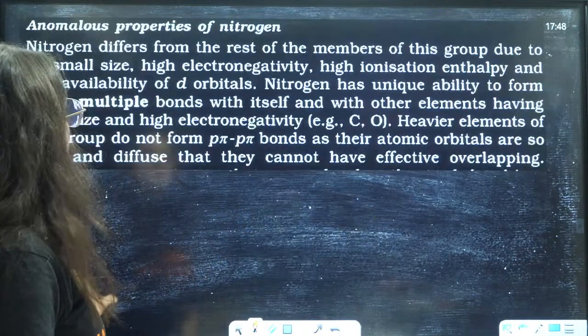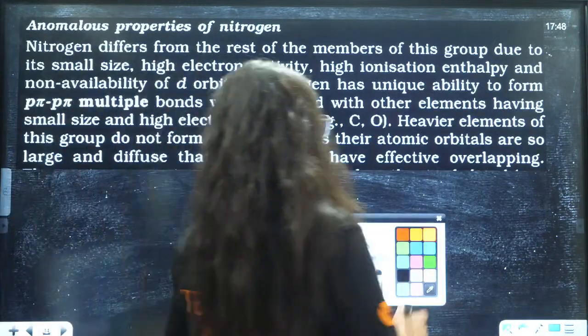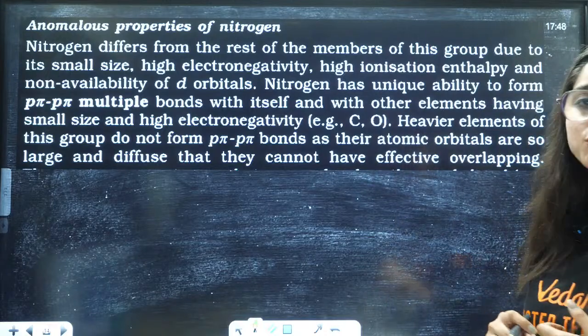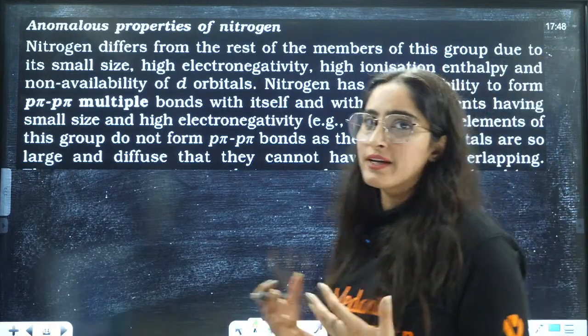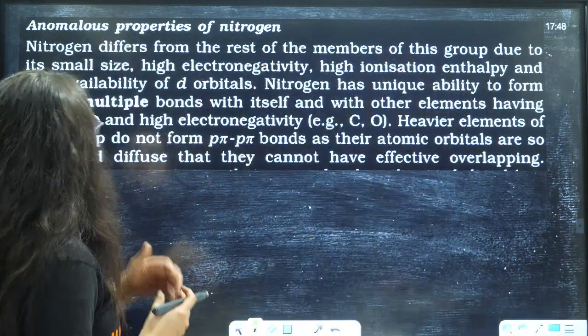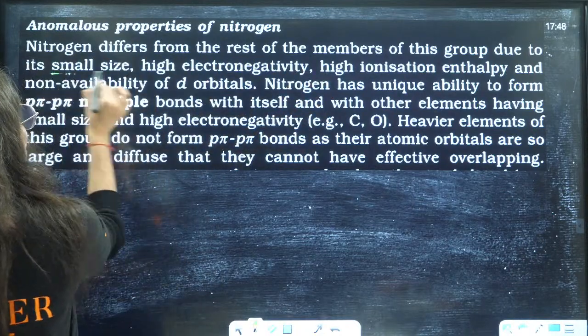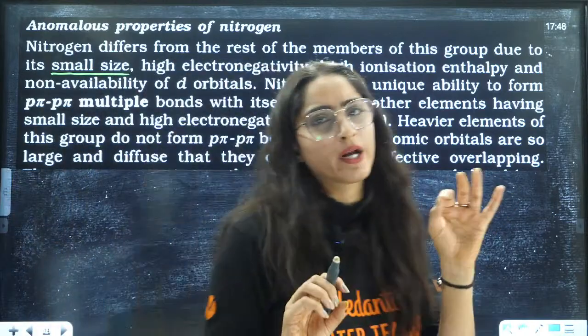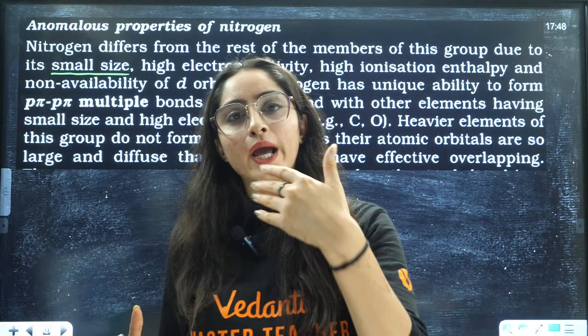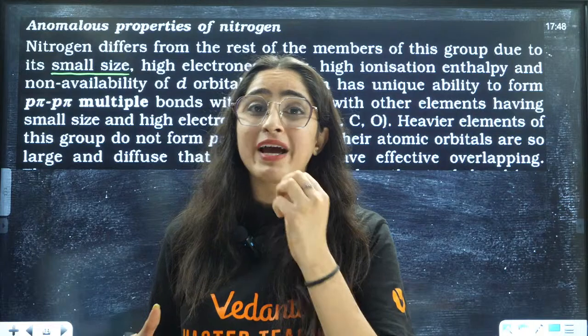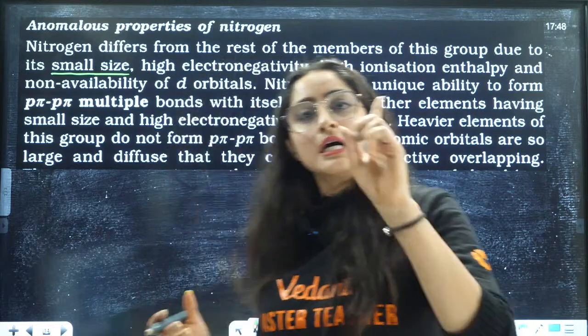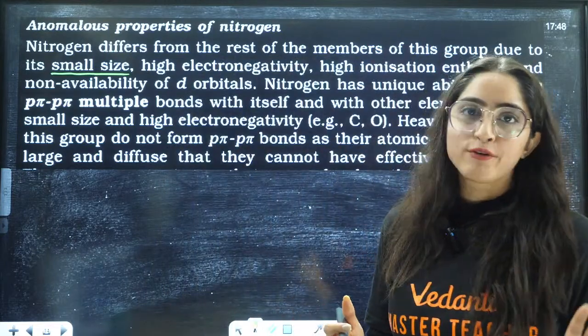Okay, yes guys. Next is the anomalous behavior of nitrogen, right? Why is nitrogen behaving very differently? So let us see. Nitrogen differs from the rest of the members of the group due to small size. It is the same as boron and carbon. We have seen why boron has anomalous behavior, why carbon has anomalous behavior. The same thing we will apply to nitrogen as well.